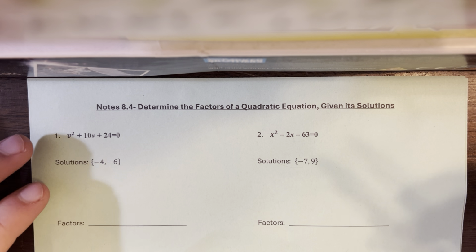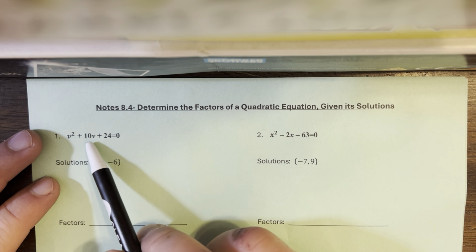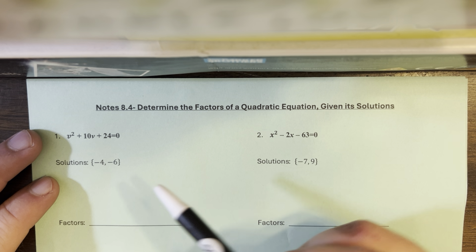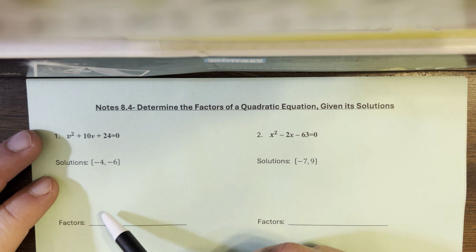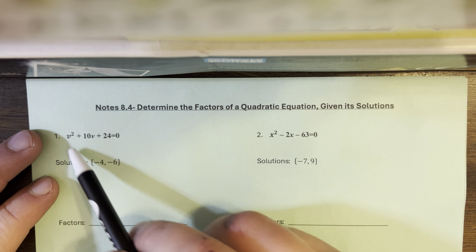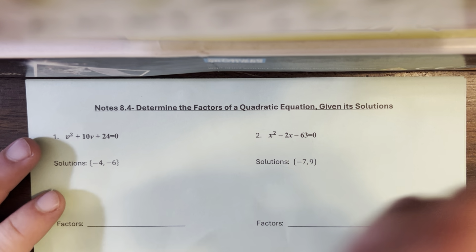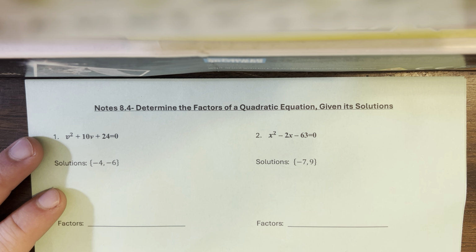All right, so for today, we're going to be given the equation already and the solutions, and we're going to work our way backwards from the solutions and find what are the factors that give us these solutions from this equation. To do this, we're going to do two things.